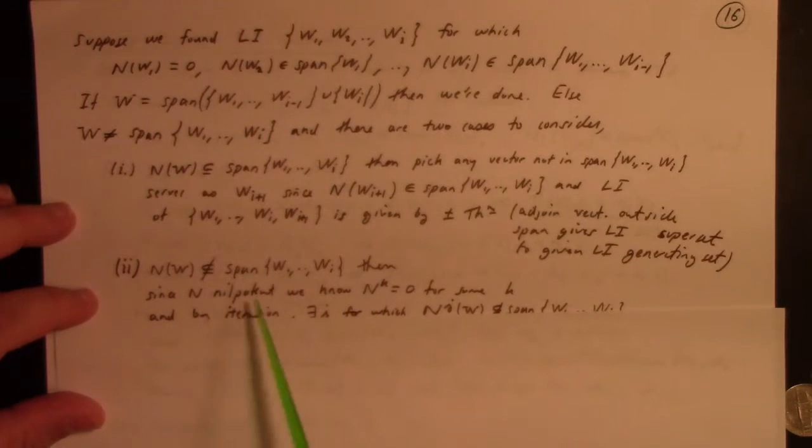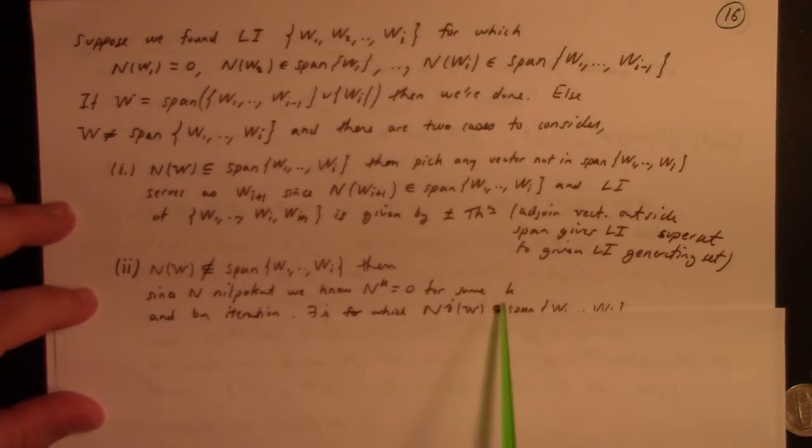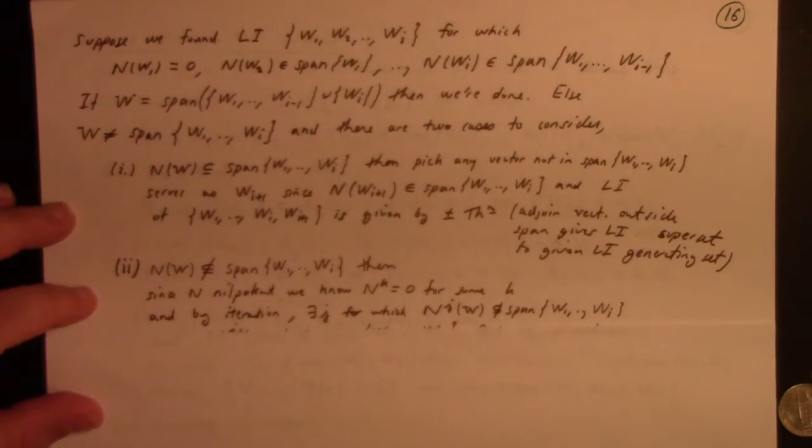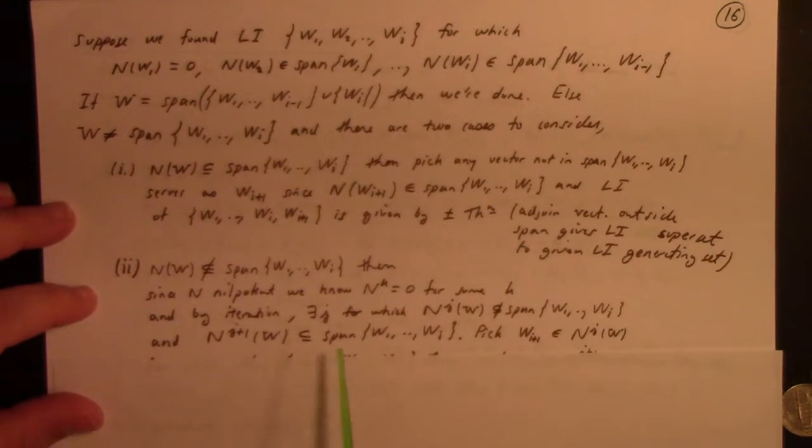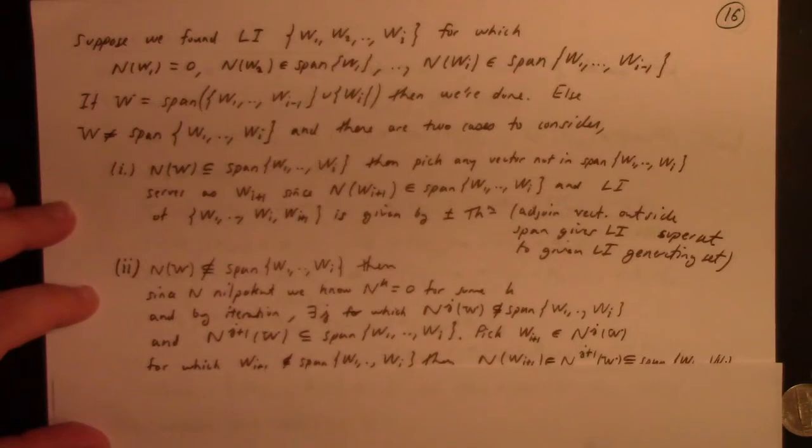Then, since N is nilpotent, we know that there exists a k such that N to the k equals 0, and by iteration there must exist some j for which N to the j of W is not an element of the span of these guys, but N to the j plus 1 is in the span, a subset of the span. So we just pick the Wi plus 1 to be an element of the N to the j of W, right? And which is not in the span of these guys.